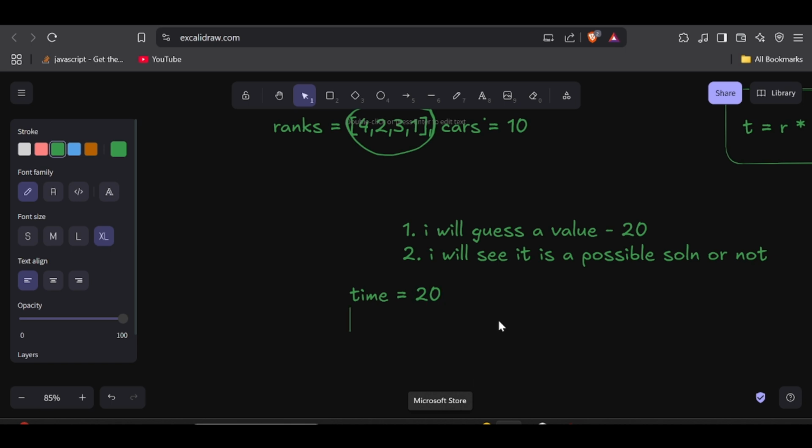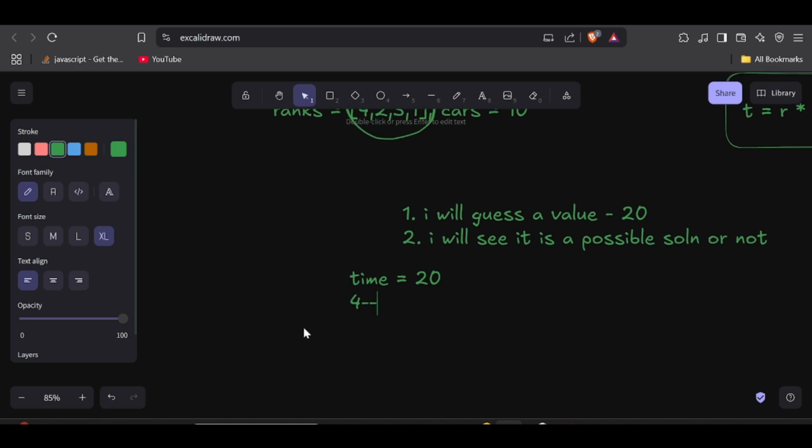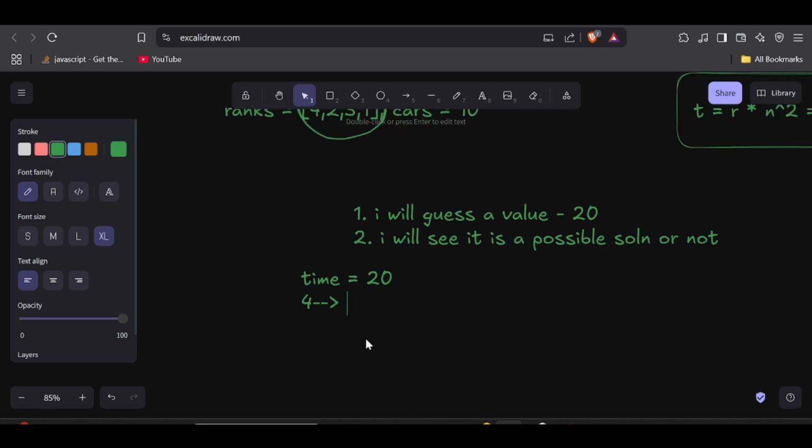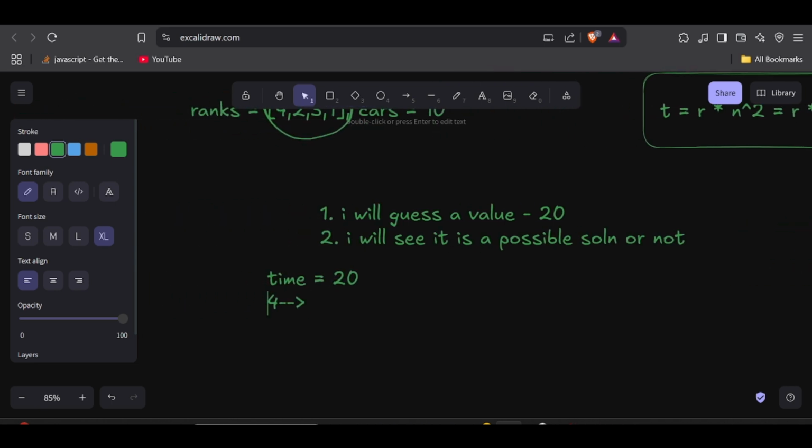First of all, I will check for the first mechanic. The value for the first mechanic is 4. And how many cars can it repair? This mechanic can repair in 20 minutes. So how can I find it? I will just divide and take the square root of it.